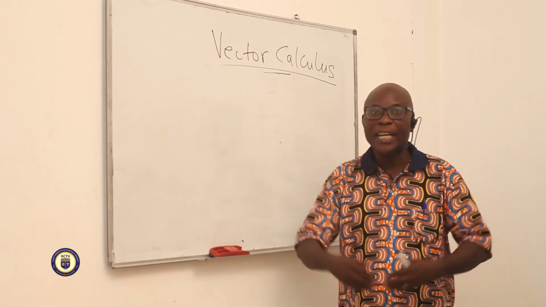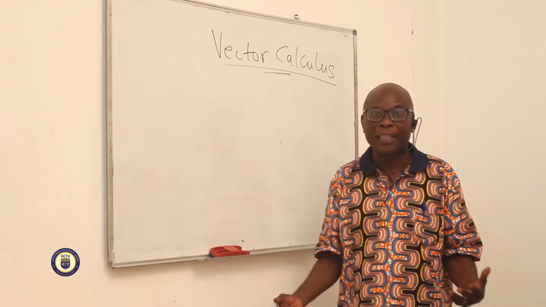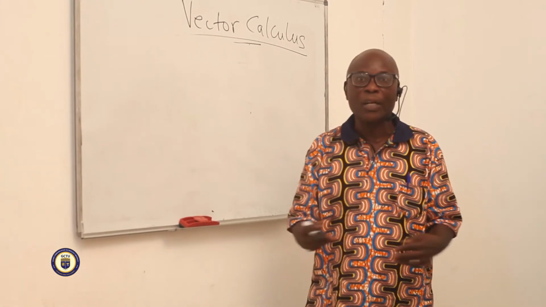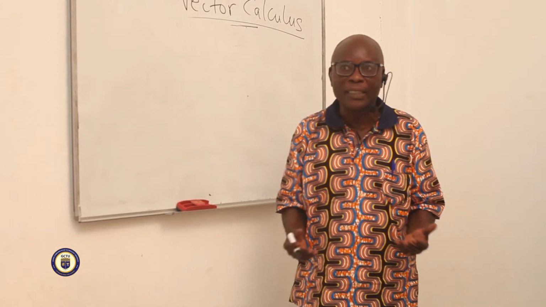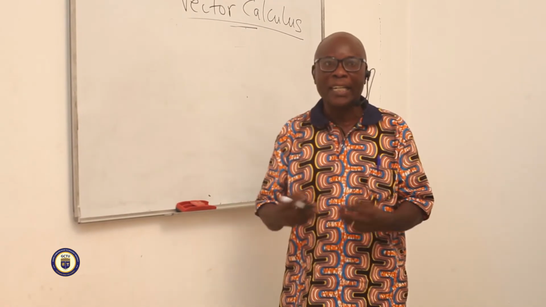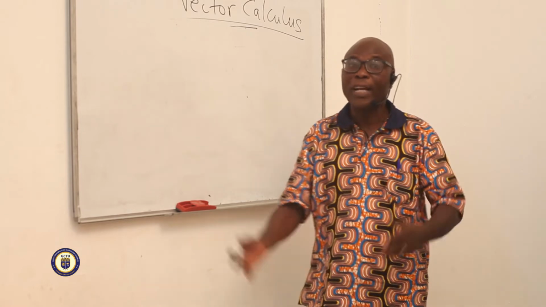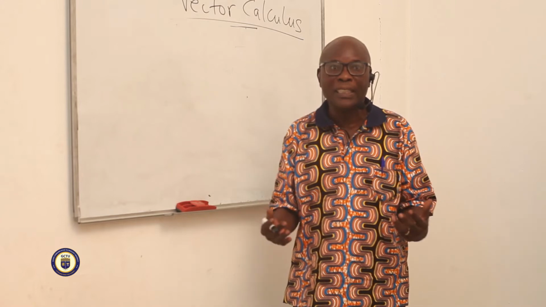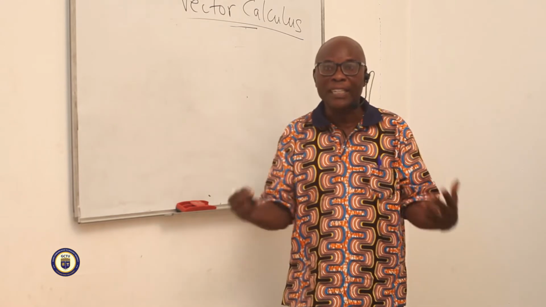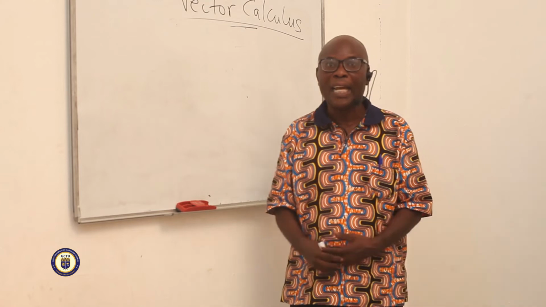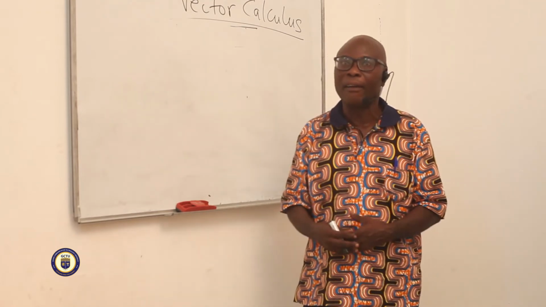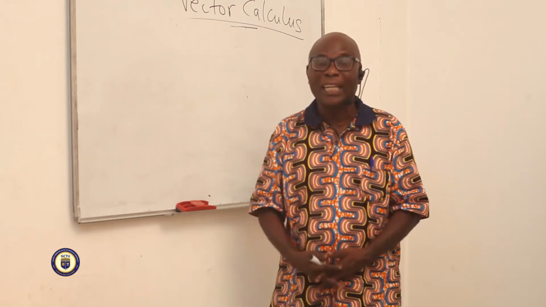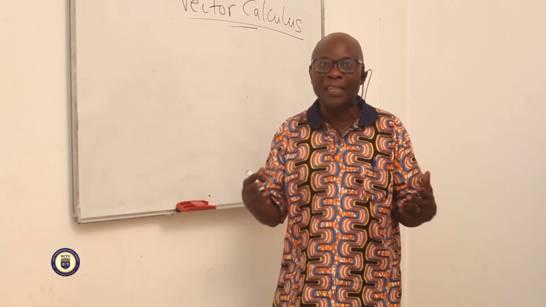In engineering, vectors can be vector fields, force, displacement, acceleration, and the like. And then the other side of vectors, we have what we call scalar quantities. Scalar quantities are quantities we use in engineering, like temperature and distance, which give us only magnitude. They don't show us the direction.